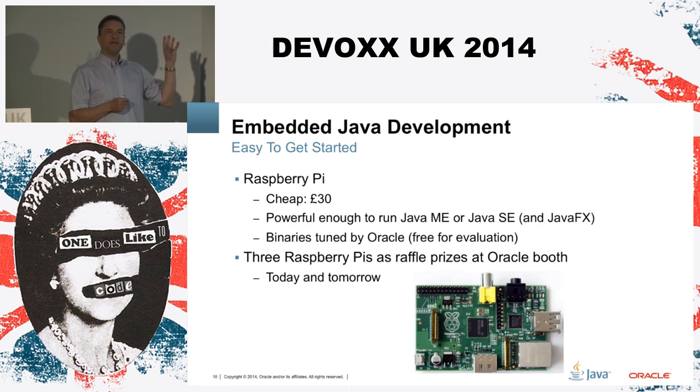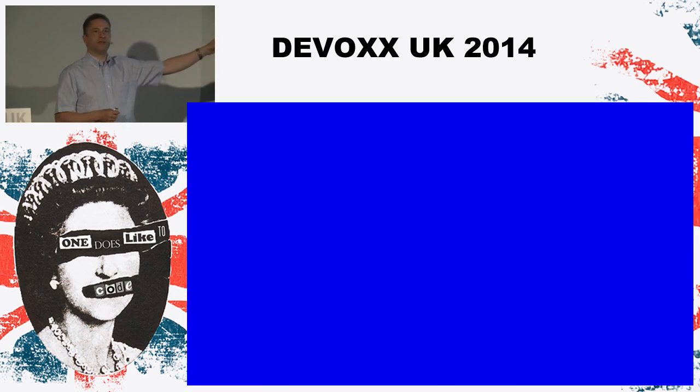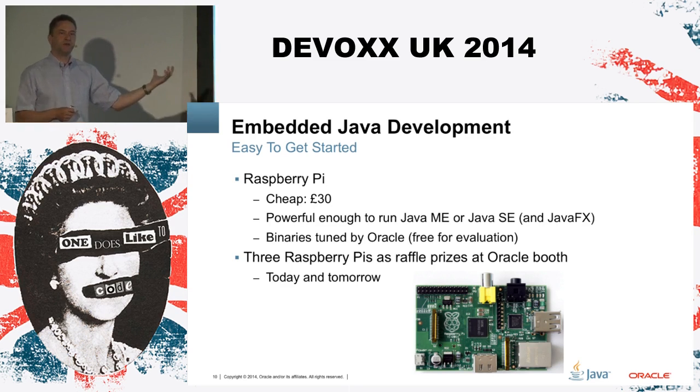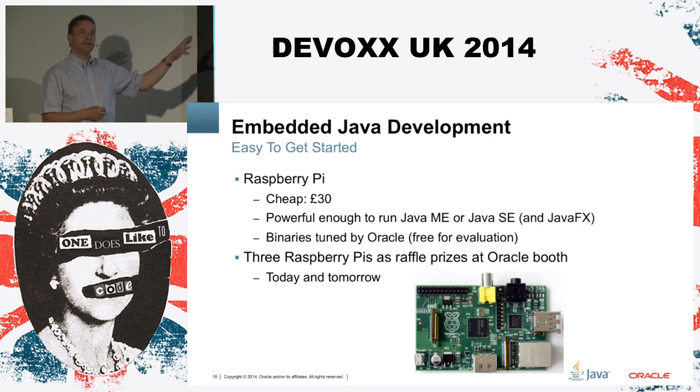But that will enable you to get started with embedded development. The fact that it has these extra pins on it, which expose various interfaces that can be used for connecting sensors or motors or any number of different things, means that you can get started very quickly with embedded Java development.